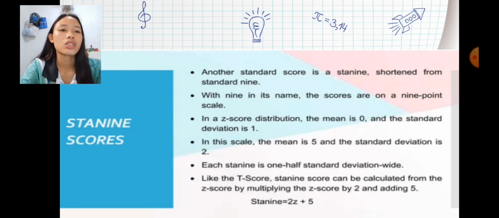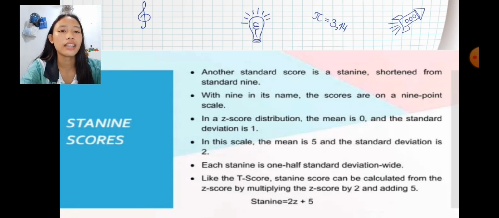Another standard score is a stanine, shortened from standard 9. So with 9 in its name, the scores are on a 9-point scale. In a z-score distribution, the mean is 0 and the standard deviation is 1.